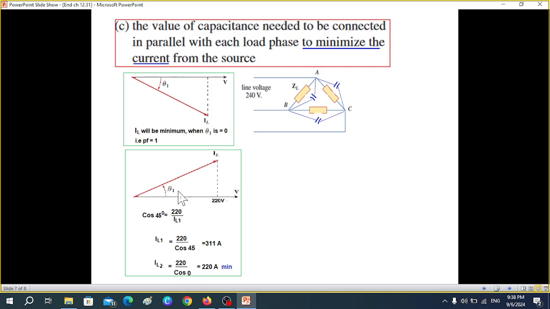Now, if we reduce this to 0, then what will happen? So IL2 will be 220 over cosine 0, and this is 220 ampere instead of 311 ampere. So this is the minimum possible value. So the minimum possible value is obtained when cosine theta is 1, or power factor is 1.